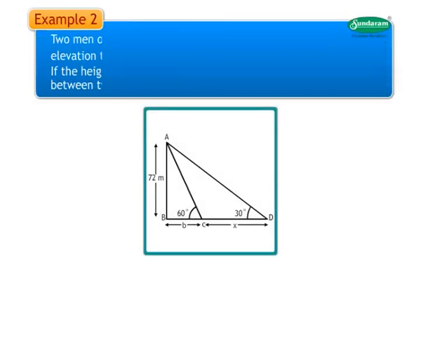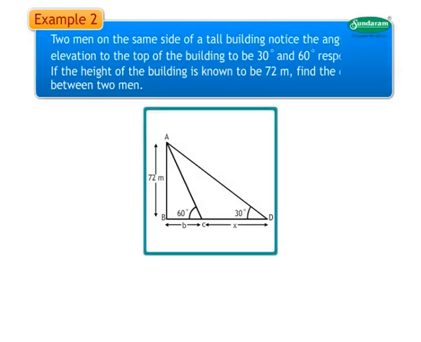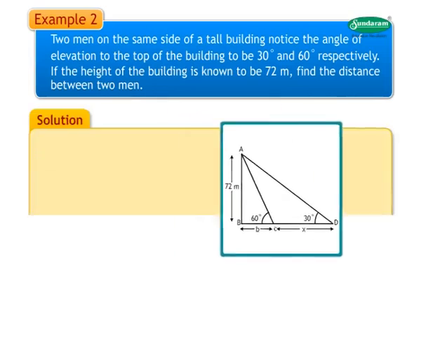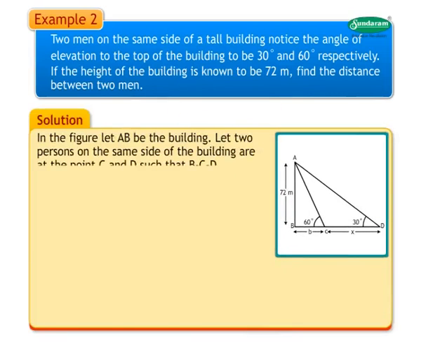Example 2. Two men on the same side of a tall building notice the angle of elevation to the top of the building to be 30 degrees and 60 degrees respectively. If the height of the building is known to be 72 meters, find the distance between two men. Solution. In the figure, let AB be the building.